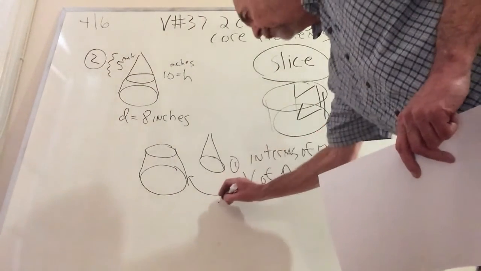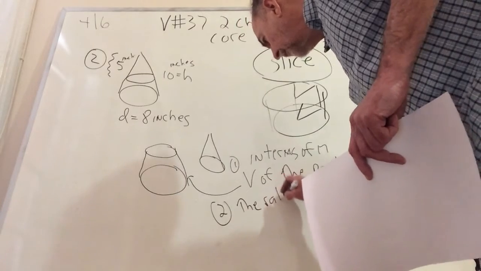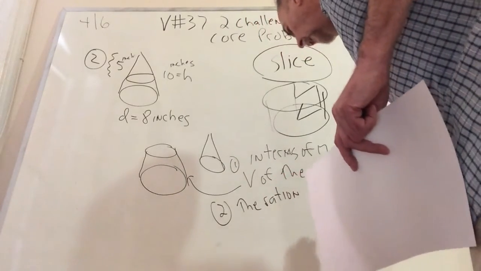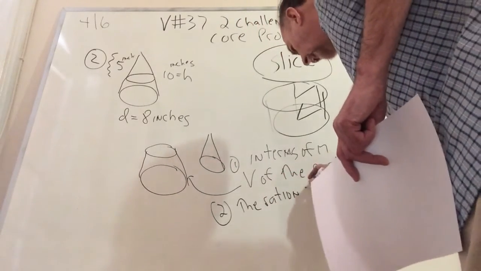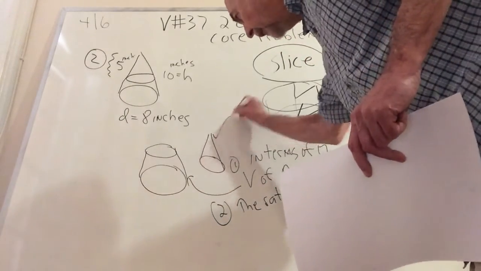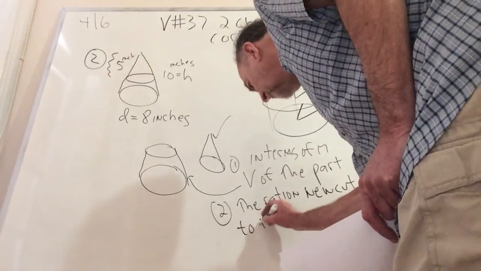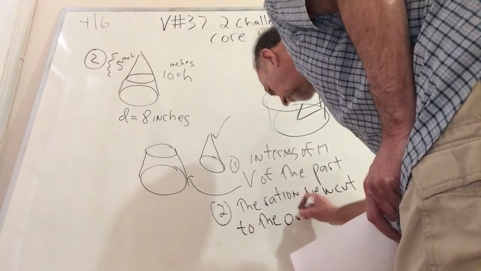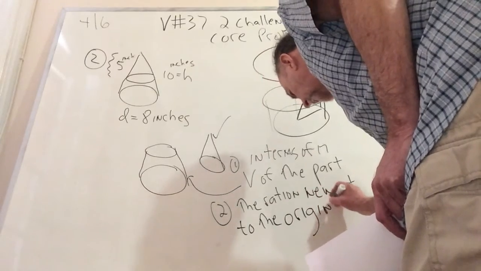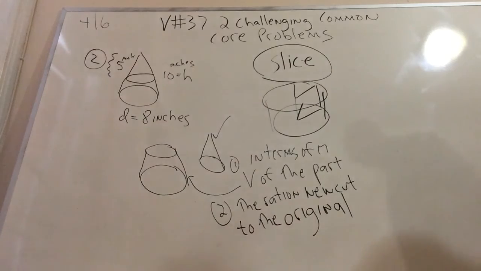And number two is we'd like to know the ratio of the new cut, I'm going to call it the new cut, that's this guy right here, to the original. And not a bad question, actually. We'll see if anybody can do it. I'll do that tomorrow. So those are two questions I gave you.